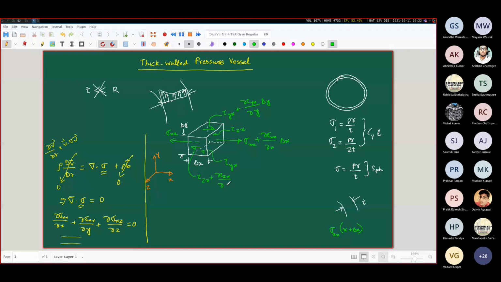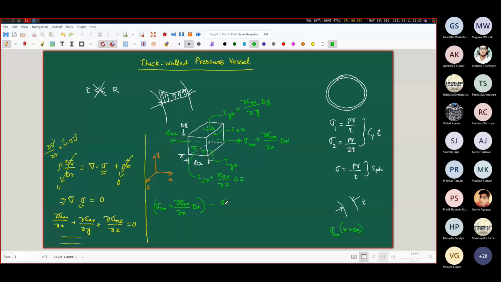All right. Now, what you do is a force balance. Each of these stress components will be multiplied by the corresponding area. But we are considering a cube, so the area terms cancel in the force balance equation. So ultimately, what I'm going to get is: sigma xx plus del sigma xx del x delta x minus sigma xx, and you understand that this entire thing is multiplied by the area.